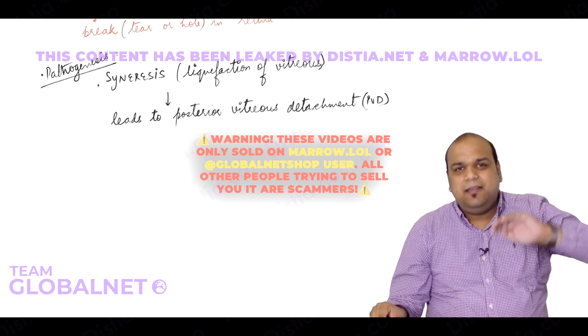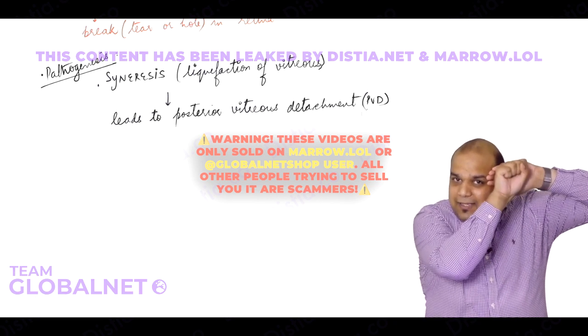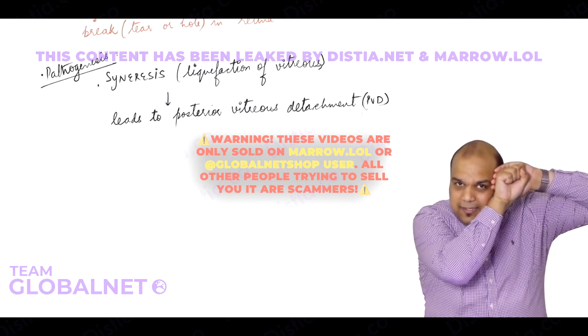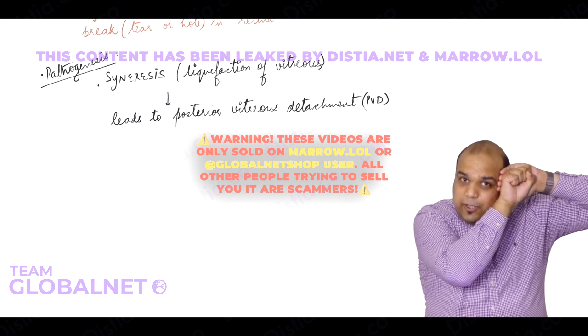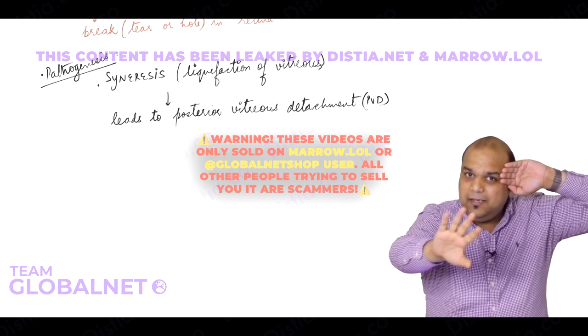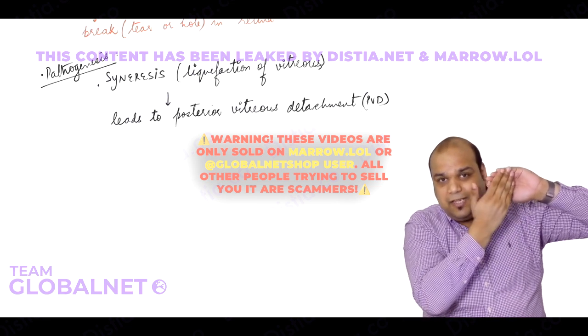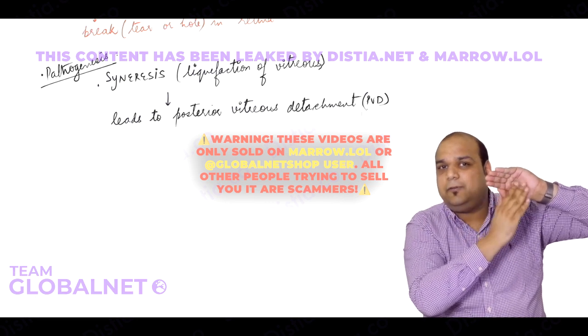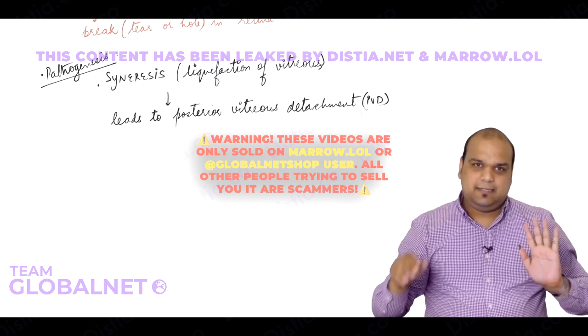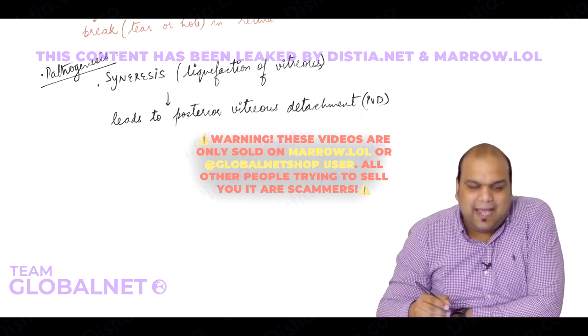Very simple. If this is my retina, look at my hand, everybody. The vitreous is a gel and the gel is stuck to the retina. Can I say? Now, when the gel is changing into water, this adhesion will be gone. So there will be posterior vitreous detachment. Vitreous which is posteriorly adherent to the retina will now be detached. Okay, everybody? Leads to posterior vitreous detachment.